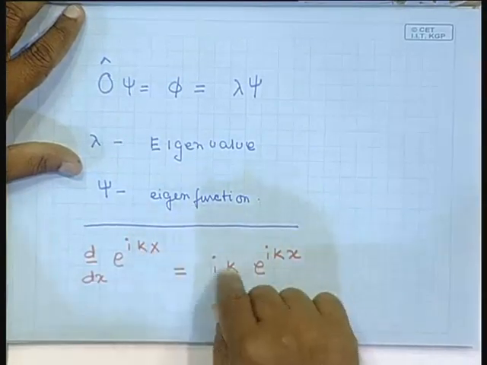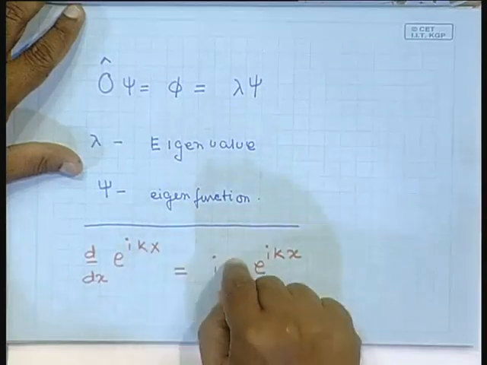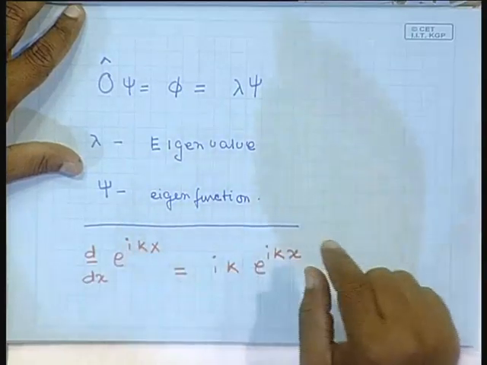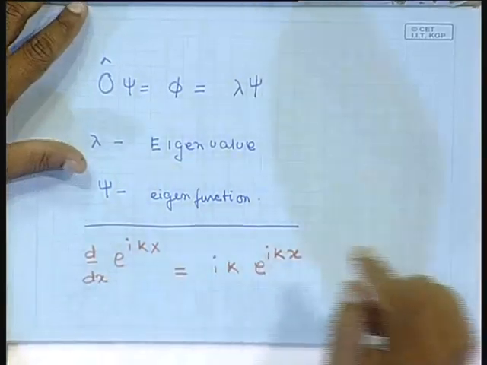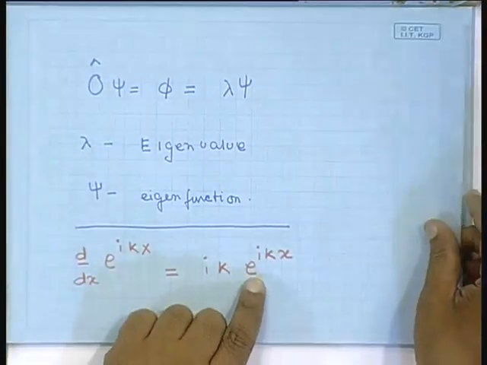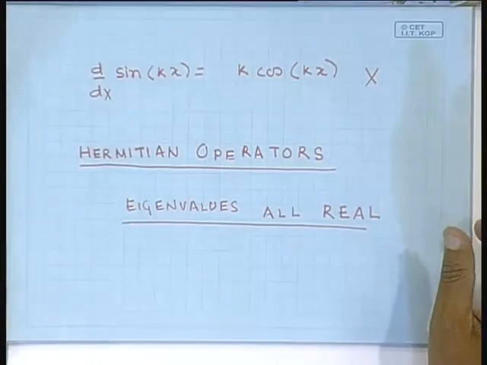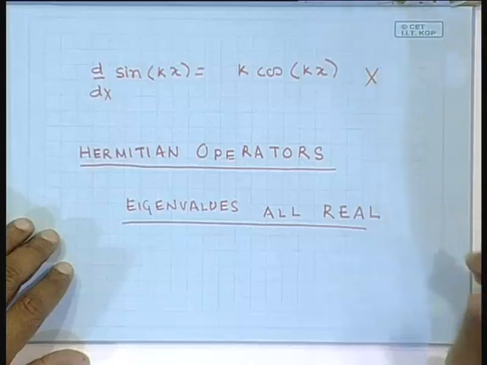So, if k is 1, there will be a particular eigenvalue i. If k is 2, the eigenvalue is 2i. If k is 3, the eigenvalue is 3i. Any value of k gives a different eigenvalue of this operator. So, operators typically have many eigenvalues, and correspondingly many eigenfunctions.